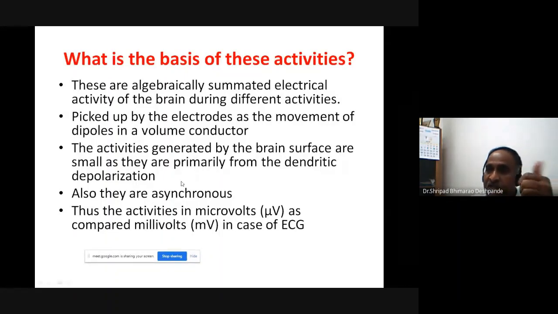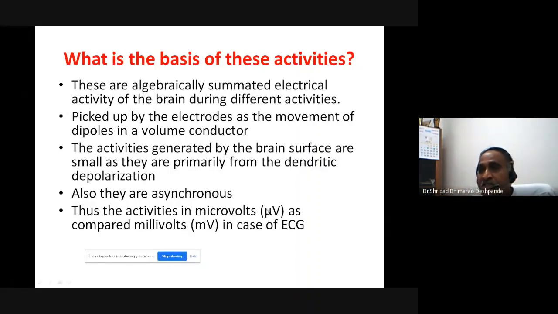Since these activities are not synchronized, because there is a total chaos in the system, they are asynchronous, and some of them are going up, some are coming down. When we algebraically sum, those coming down will neutralize those coming up, so that we have very small voltages.